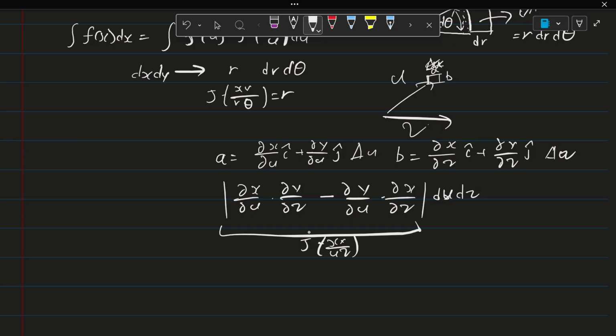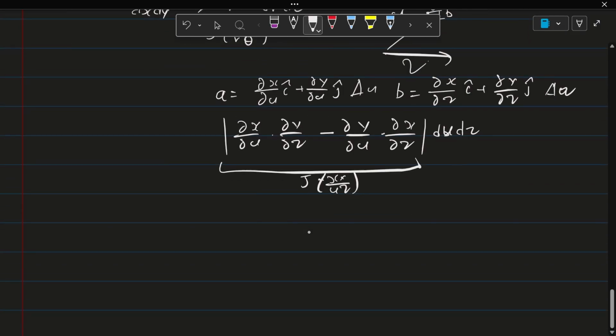So you could use this for the polar system, in which you would have x equals r cosine theta and y equals r sine theta. So if we denote this to be our u and this is our v, what you would get is, for partial x over partial u, it's going to be cosine theta, times partial y over partial v, which is r cosine theta.